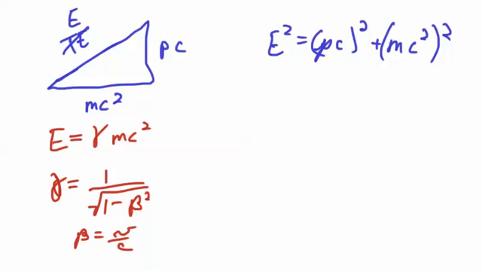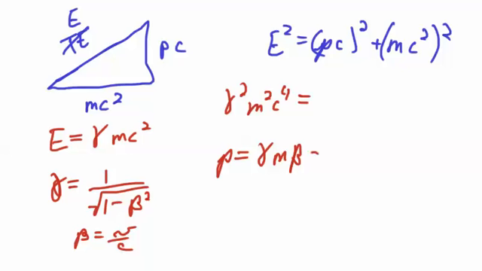So basically what I'm going to say here is gamma squared m squared c to the 4th equals, and then the other thing that I'm going to say is P, momentum of a particle, is gamma m beta c. So this is also gamma mv.